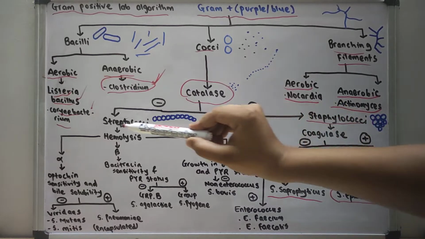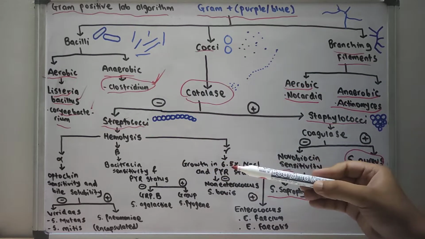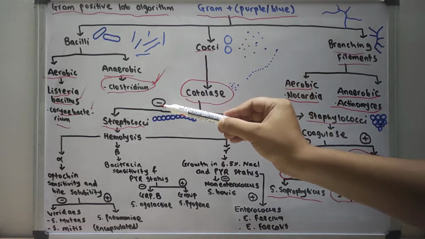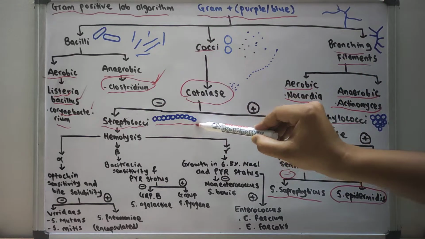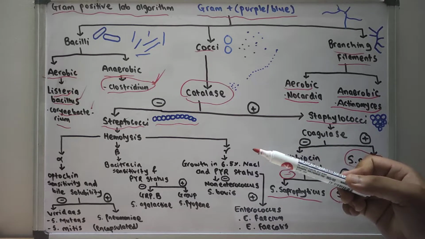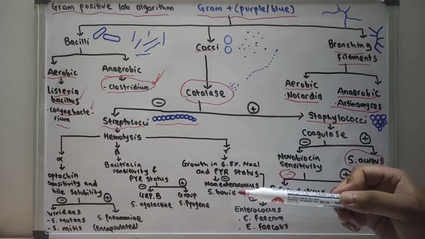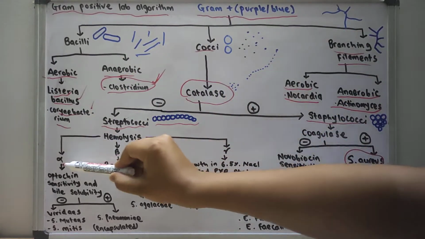Now let us move towards the streptococci. As you already know, the streptococci is catalase negative gram positive cocci that occurs in chains. It is divided into three types on the basis of hemolysis: alpha hemolysis, beta hemolysis, and gamma hemolysis.